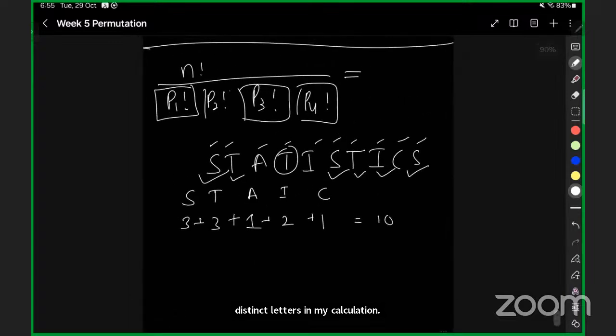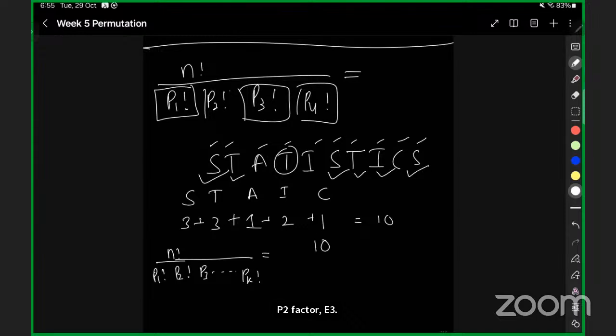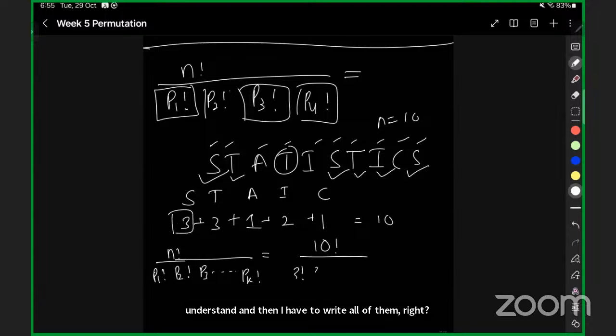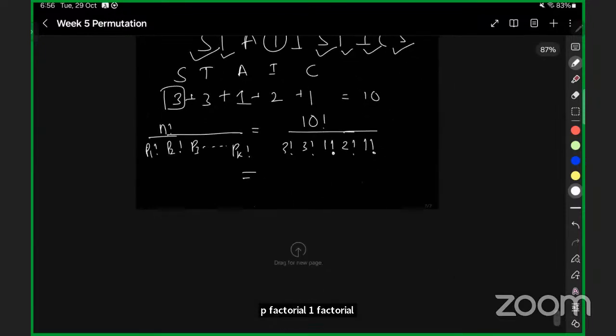Now the question is how many ways we can arrange them, right? So we'll go with the formula n factorial divided by p1 factorial, p2 factorial, p3 factorial, and so on. So 10 factorial, that's what n is. N is 10. And then I have to write all of them, right? So 3 factorial, 3 factorial, 1 factorial, 2 factorial, and 1 factorial. So what will you get?